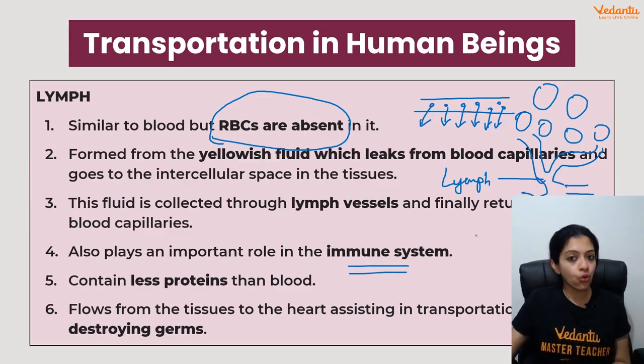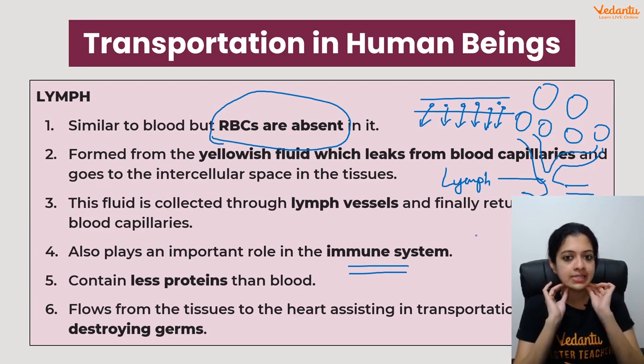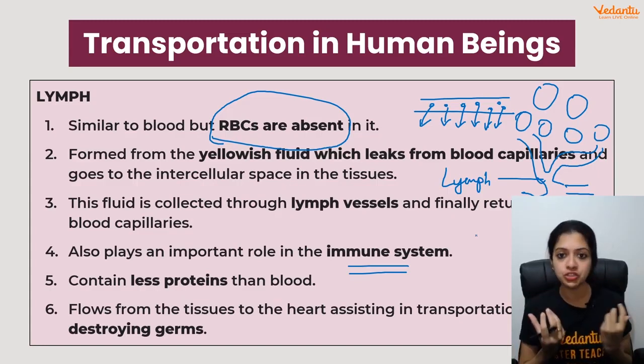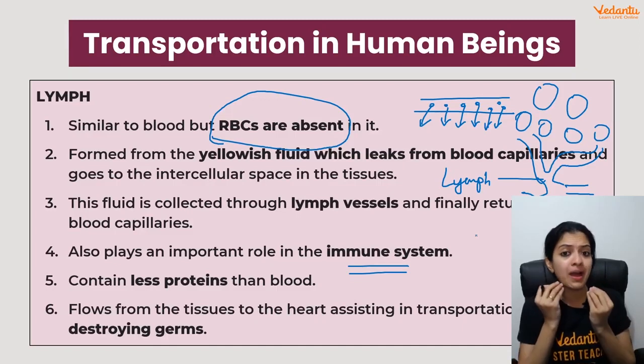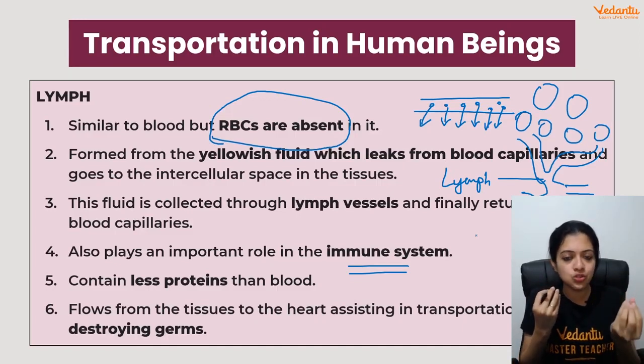Because there are a lot of lymph nodes in your body, like so many of them. Some of the major ones are found near your throat region. So in those areas, there could be a little bit of swelling up whenever there is an infection in the body, because a lot of those pathogens might get accumulated over there, because your lymph nodes are trying to filter them.